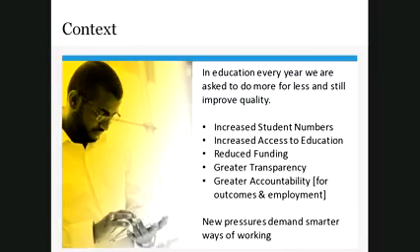Here in the UK, government is taking an increasingly focused look at what educational institutions are doing, and actually trying to increase the transparency out to parents and other funding bodies and people like that, as well as the students. And then ultimately, there's also this greater accountability, both in terms of qualifications, but also in terms of employability.